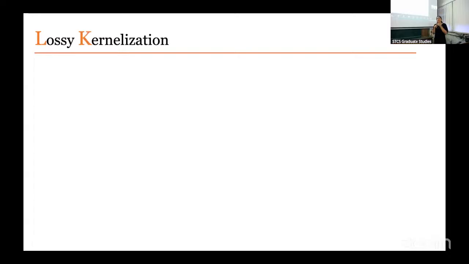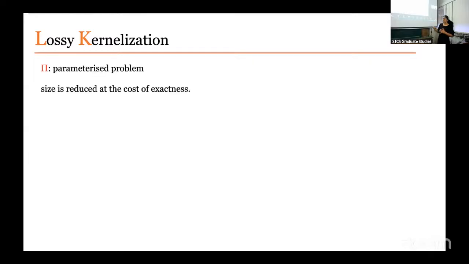Similar to FPT and kernels, in the parameterized approximation field, there is the lossy kernel. So what does it mean? Of course, when the problem is W-hard, we design an FPT approximation scheme. The next step is this: we can reduce the size of the instance at the cost of exactness.